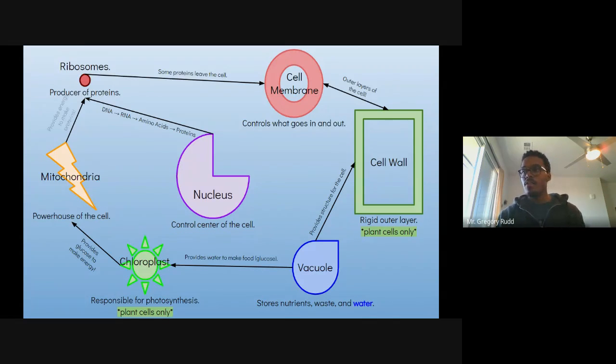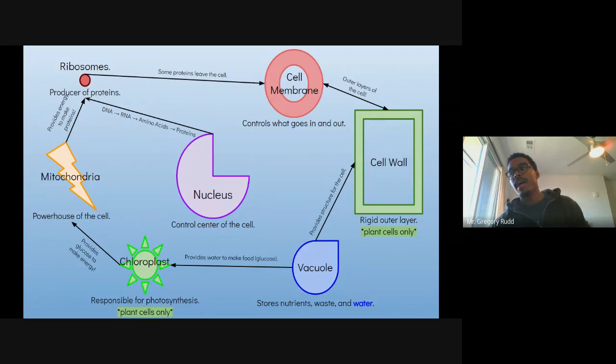Anytime you're making something, you need energy, right? So to make a protein requires energy. So mitochondria provide ribosomes with a specific type of energy called ATP. We'll talk about that later as well. But anytime the cell is making something, it's going to require energy. And it relies on mitochondria to provide that energy.